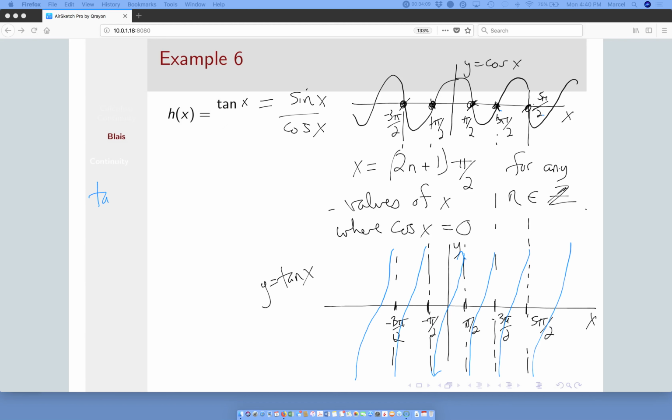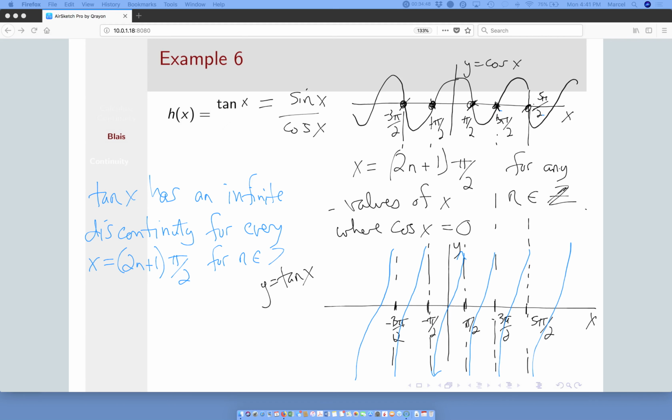So tangent of x has, I should be a little bit more careful, we'll say has an infinite discontinuity for every x equals 2 times n plus 1, that quantity times pi over 2, for n in the integers.